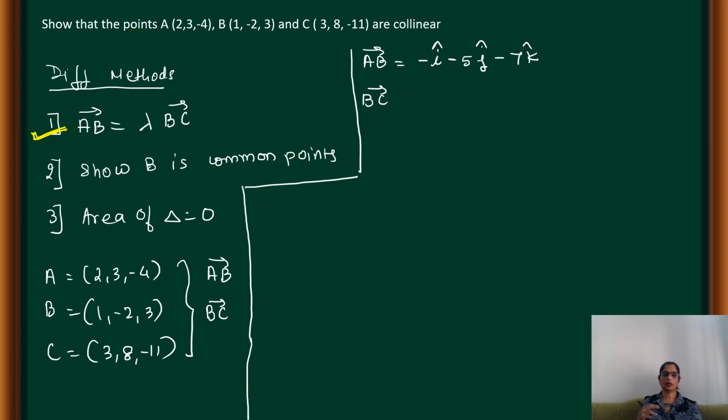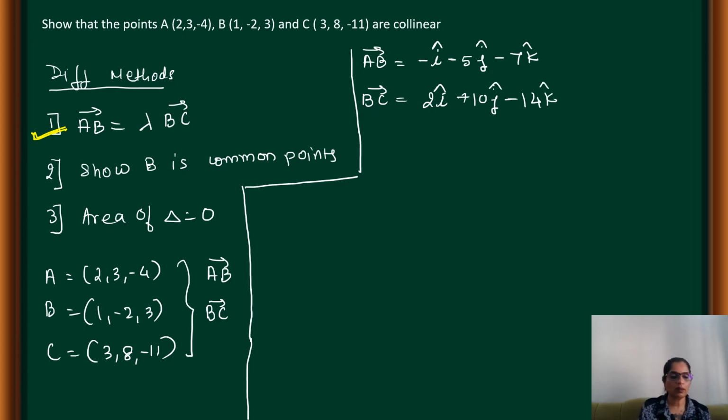Alright, what's BC vector? BC vector, again x2 minus x1. So that's going to be 3 minus 1, that's going to be 2 i cap. 8 minus minus 2, so it's going to be plus 10 j cap, and this is going to be minus 11 minus 3, so it's going to be minus 14 k cap.